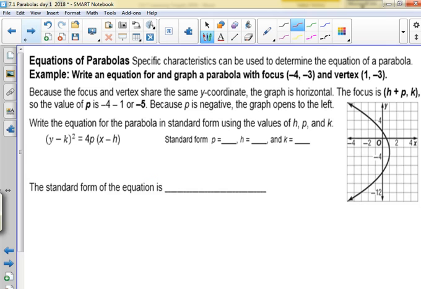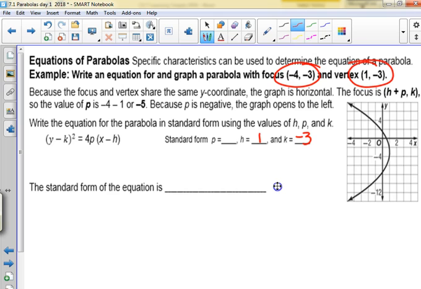All right. Now we're going to write some equations. It says specific characteristics to use to write an equation. So this one says write an equation for a parabola with a focus here and a vertex here. As soon as they give us the vertex, what do we know? H and K. So H, according to the vertex here, is 1, and K is -3.